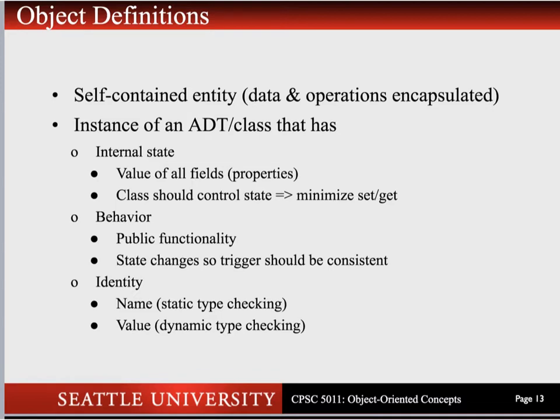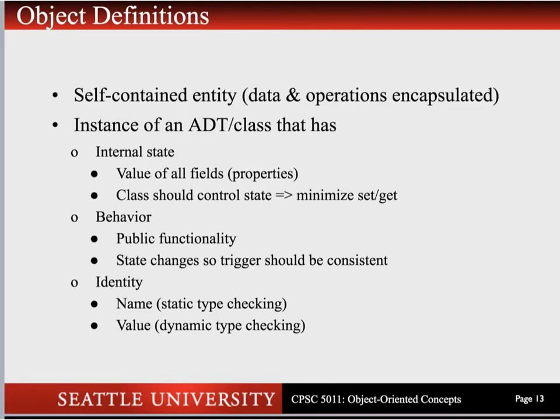Gets, by definition, really shouldn't be manipulating the fields, but the setters or mutators are capable of changing the value and therefore changing the state of a class. So again, we'll talk about that more later, especially next week when we talk about contracts.